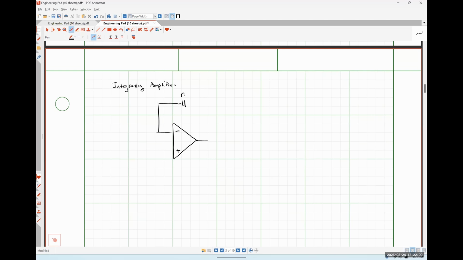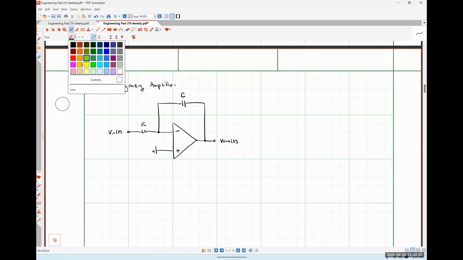So my capacitor is in the feedback position now. Here's my resistor R, my input signal Vn of t. I'm once again going to ground my non-inverting input node, and here's my output signal V out of t.